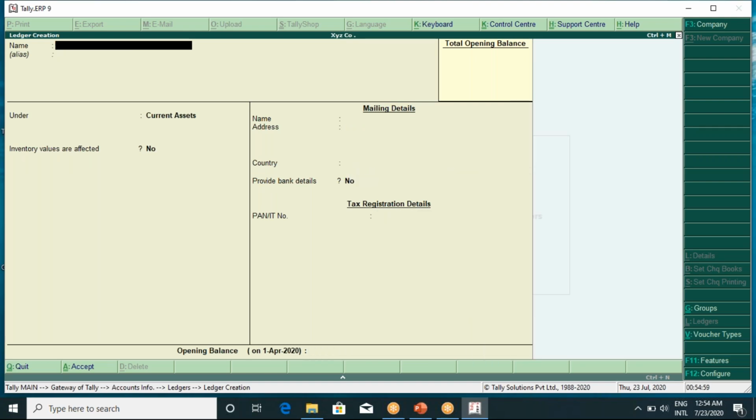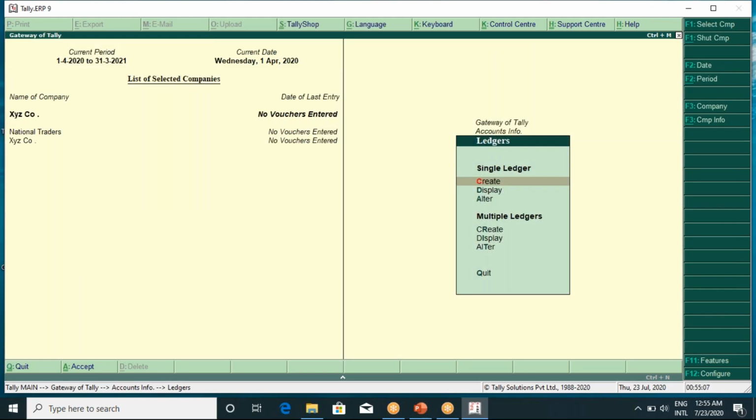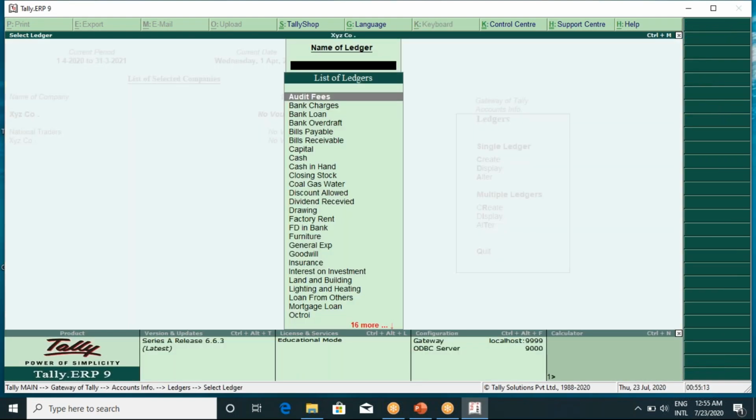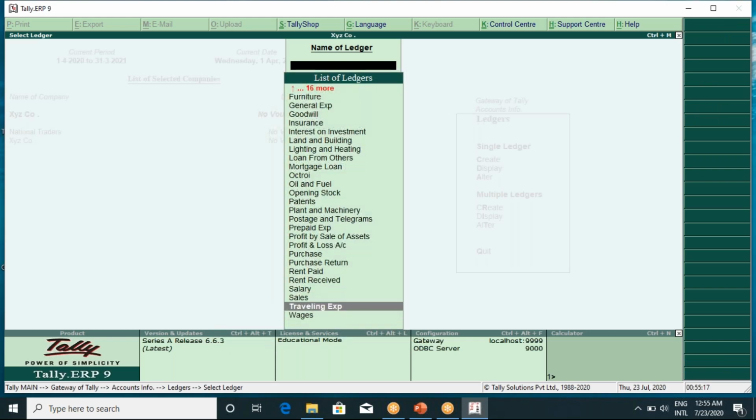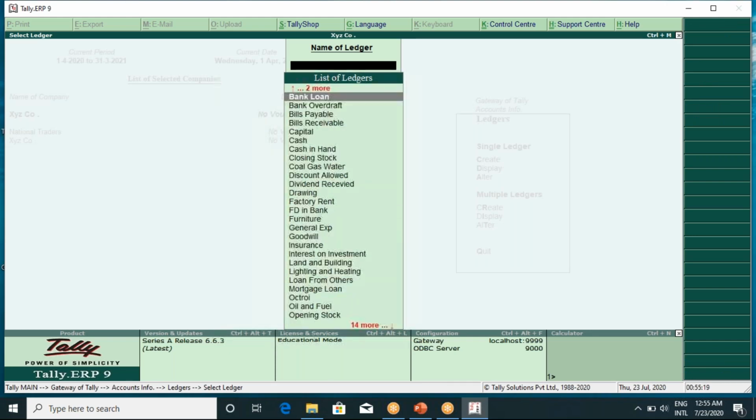Okay, so like that you have to prepare the ledger creation. You have to keep creating in this way. After creating a ledger, you can see it using the display option. You can see the ledger creation based on the alphabet in Tally software.